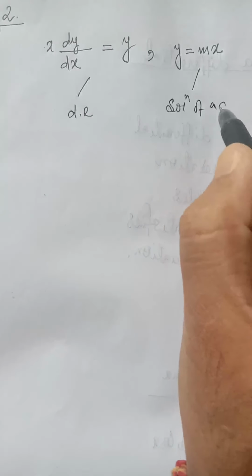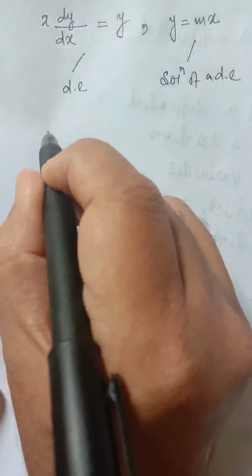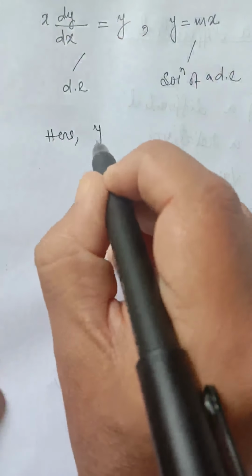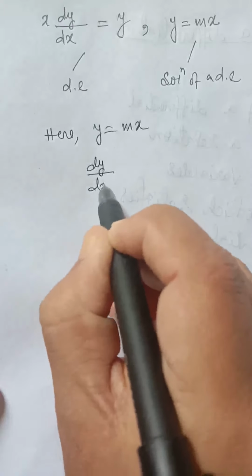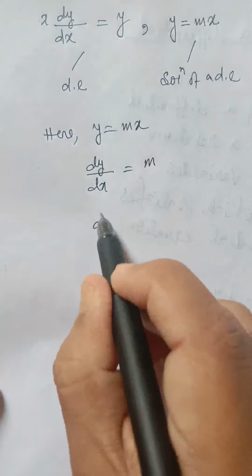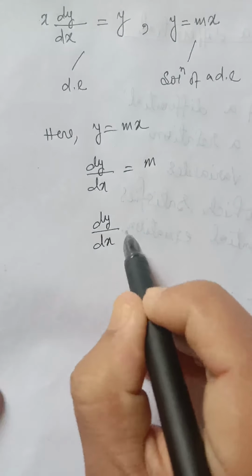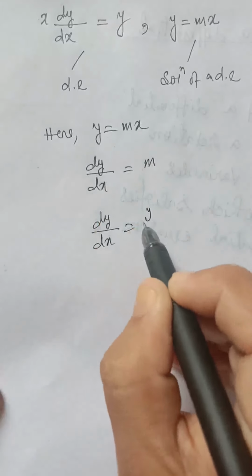Solution of a DE. Now you can check y equal to mx. Here y equal to mx, so dy by dx equal to m, and m equal to y by x. From the other relation also we get m equal to y by x.